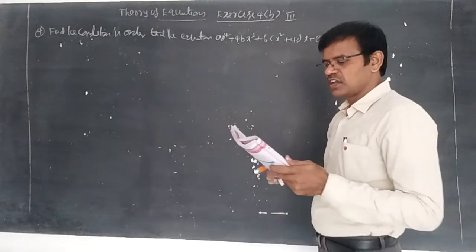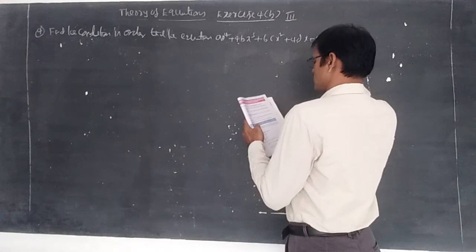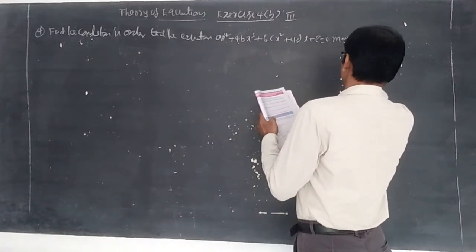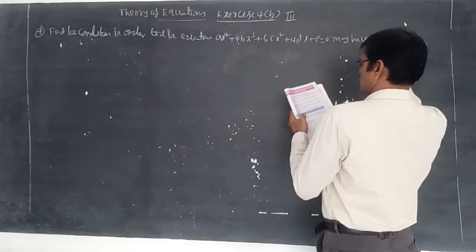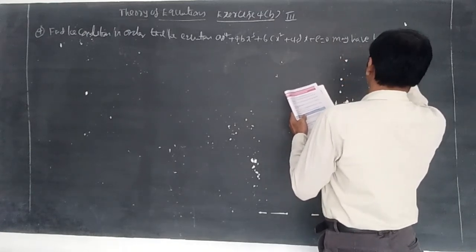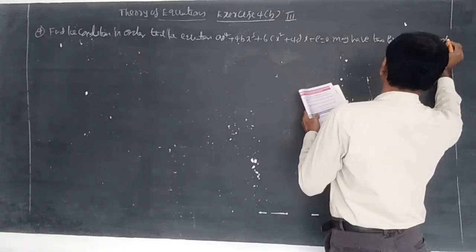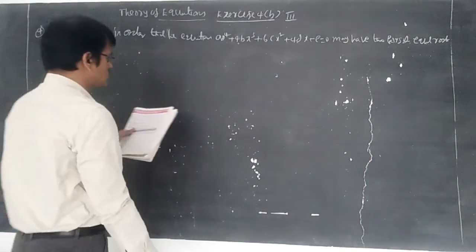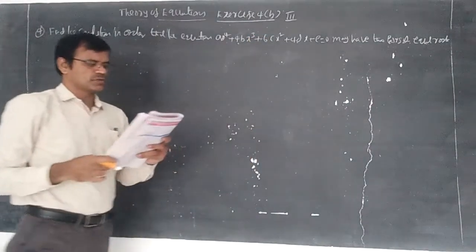In 99, this question was repeated, students, but the question will not be asked in the exam. So see the theory: may have two pairs of equal roots.